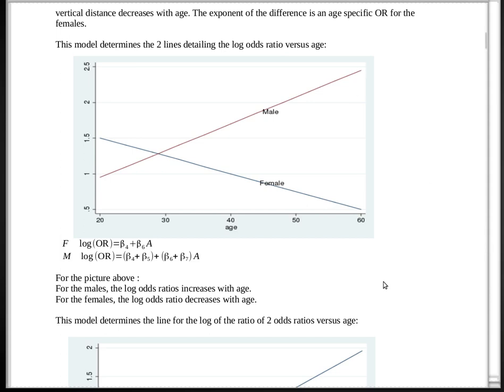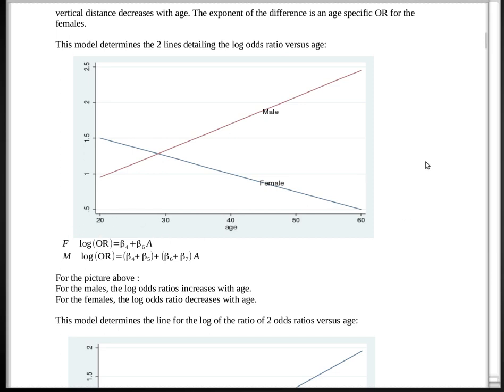The log odds ratio increases with age for the men, and the log odds ratio decreases with age for the women. Right. There's the equation. There's the visual.